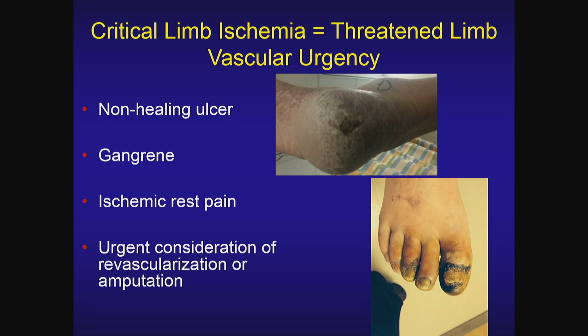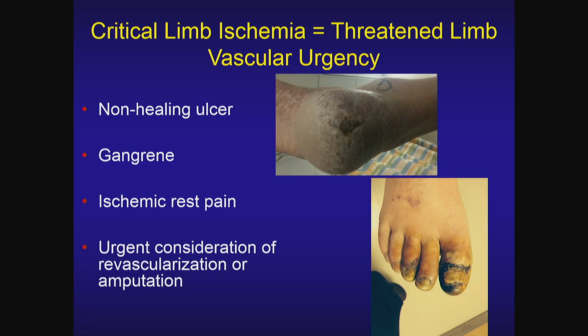After intermittent claudication, it is critical limb ischemia, which, despite the fact that it is much less common, is something vascular practitioners are most concerned with because it is a vascular urgency with a high risk of limb loss in the absence of appropriate revascularization.